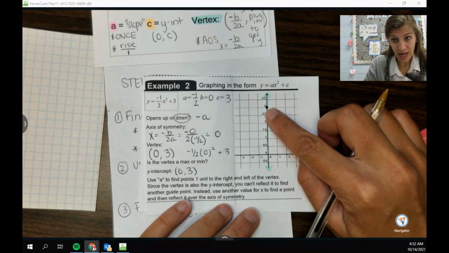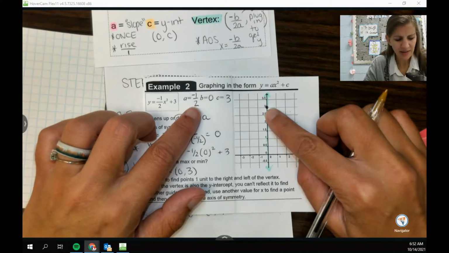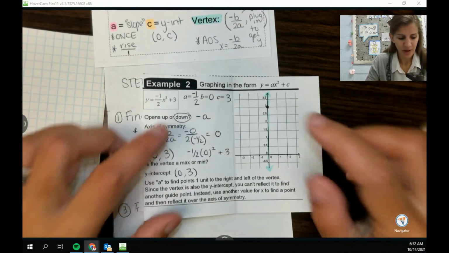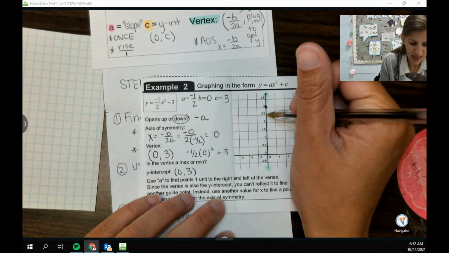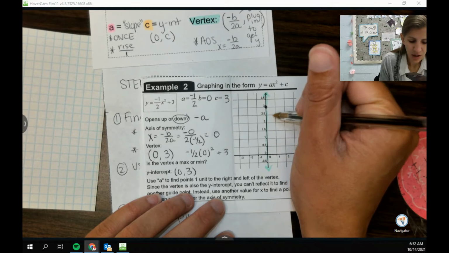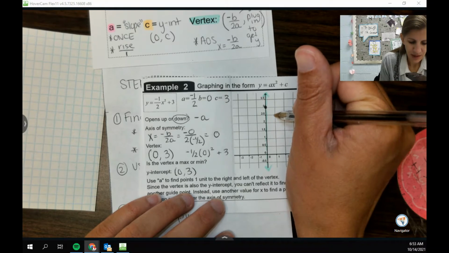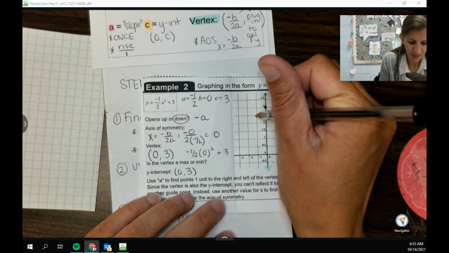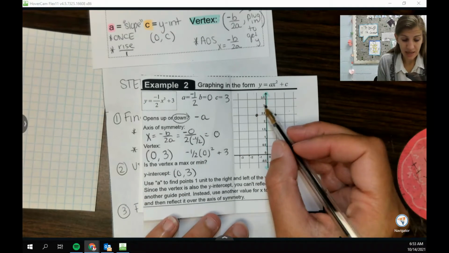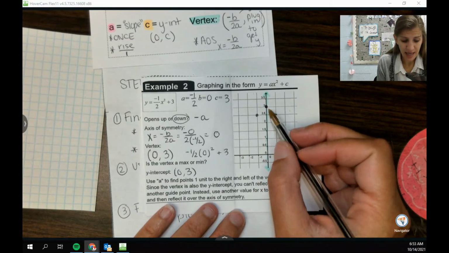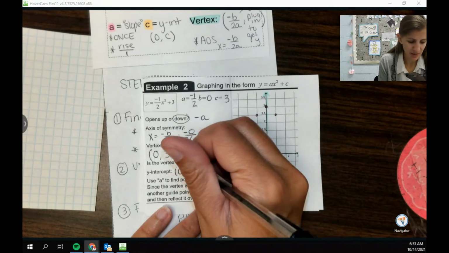However, once I have my vertex, I can use my slope of down half over 1. So from here, we're going to go down half over 1. Flip it over, put it on the other side. And I can tell right now, because my graph is doing this, that I have a maximum.